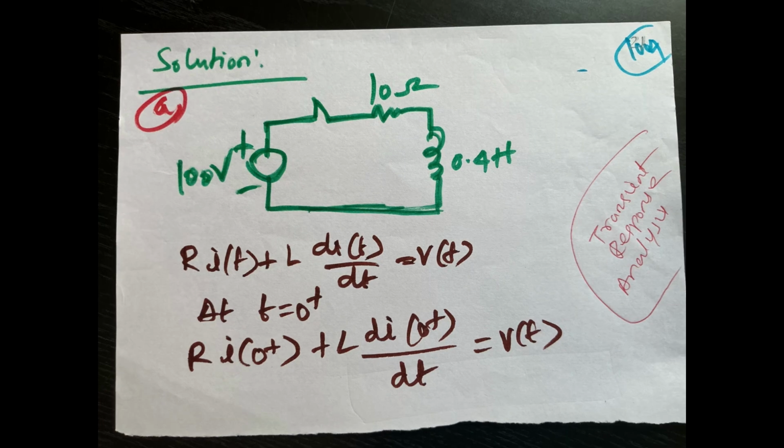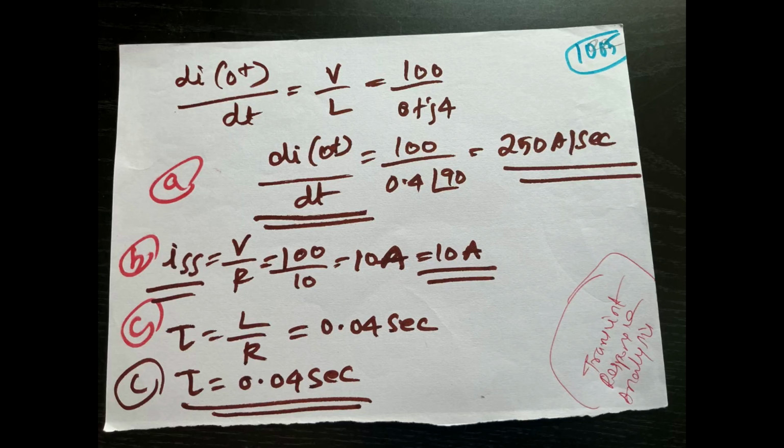Question A asks to calculate the rate of change of current at the instant of closing the switch. At the instant of closing the switch, that is t equal to 0 plus, the rate of change of current is di(0+) divided by dt, and the formula is V divided by L. V is given as 100, and L is given as 0 plus j0.4.